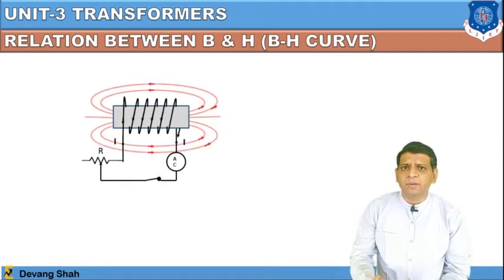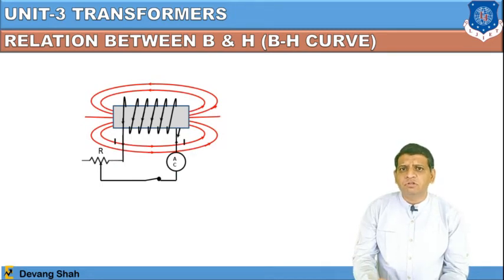Once you apply current in this coil, you can see there is a generation of magnetic flux, that is the red line here. This flux is going to change when you vary the AC signal, as the magnetic flux intensity changes.